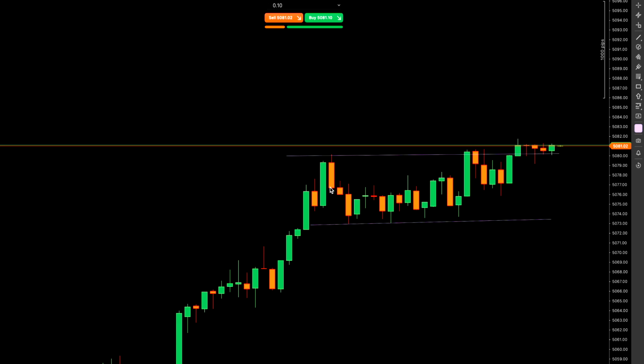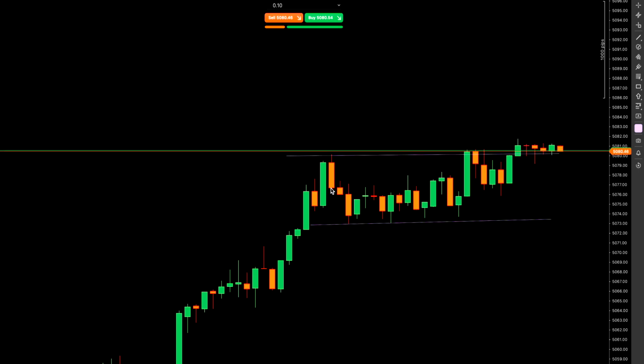Starting from here, it's obvious we have a movement to the downside because over here we have this candle that takes out 60% of this bullish candle. So now we have a second bearish candle.